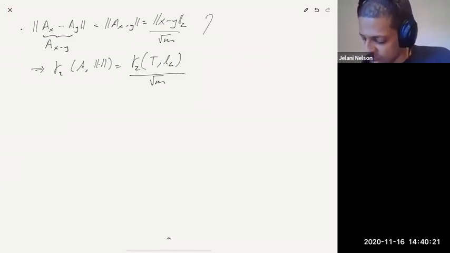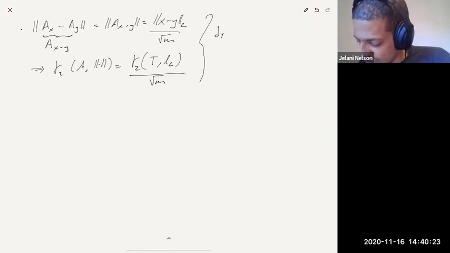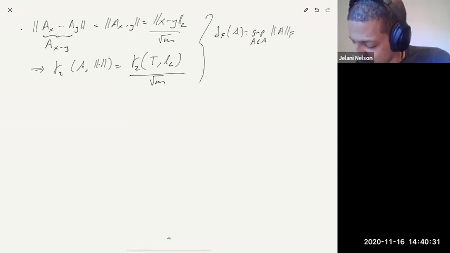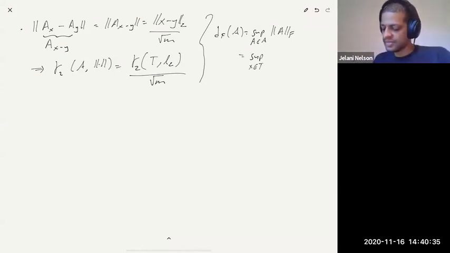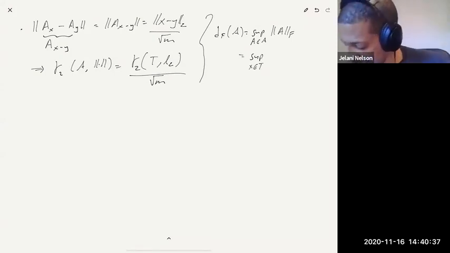And what's the largest Frobenius norm? The Frobenius radius of script A is the sup over all A in script A of the Frobenius norm of A. But this is just equal to the sup over all x in T of the Frobenius norm of A_x.